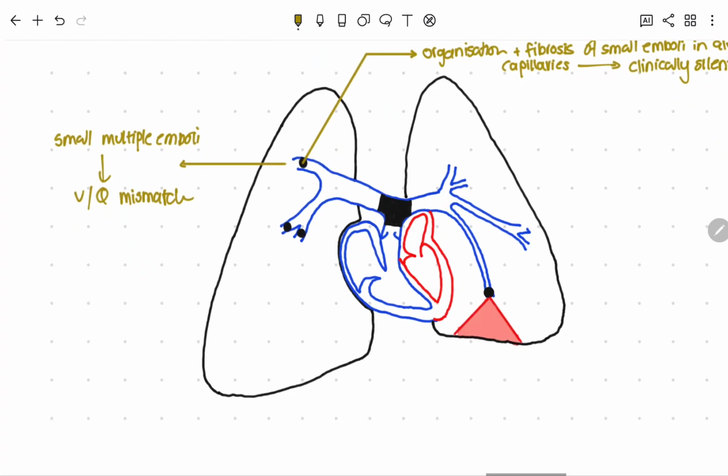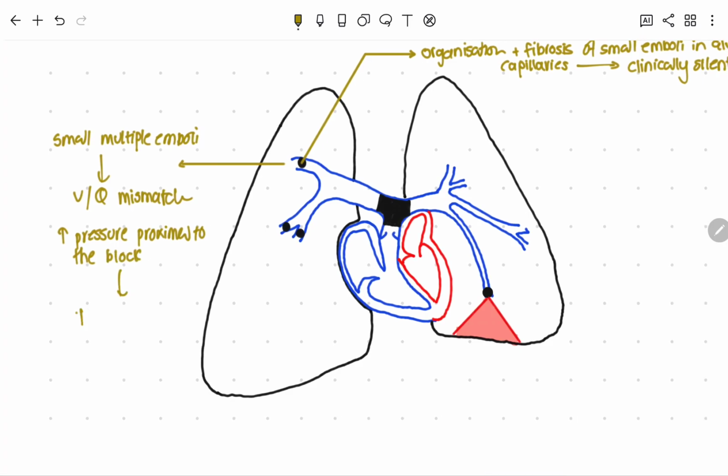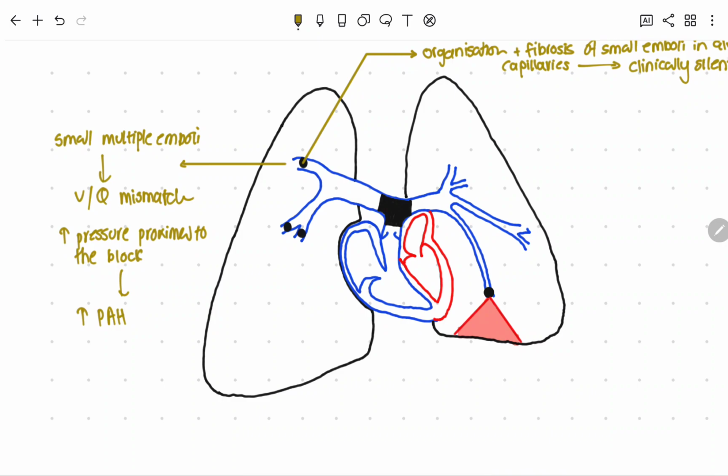And so you will have an increased pressure proximal to the block, and where there is increased pressure, you run the risk of pulmonary hypertension, pulmonary artery hypertension.